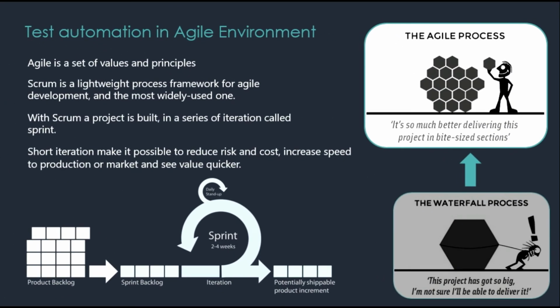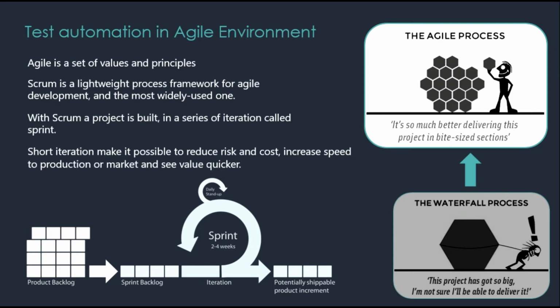So next I move on to test automation in an Agile environment. We know Agile is a set of values and principles, so we can't really just go Agile. So we use an Agile framework like Scrum in our projects to help us start thinking in a more Agile way and practice building Agile principles. Software requirements, goals and situations are always changing. Scrum embraces those changes.